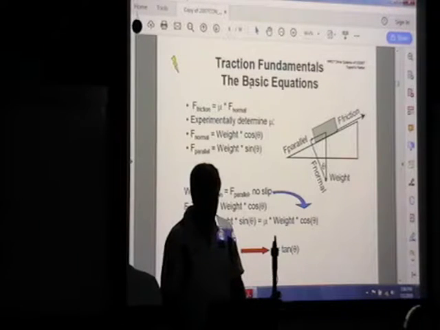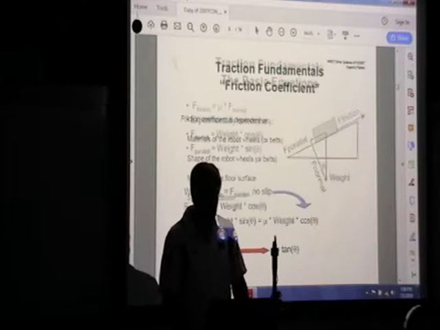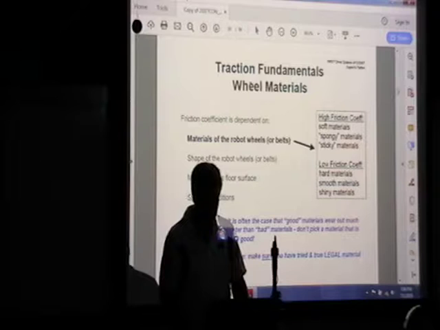Here they talk about how you calculate the friction coefficient and how you find how much thrust you're going to get based on friction of the wheel to the surface. Is the wheel material sticky or spongy?